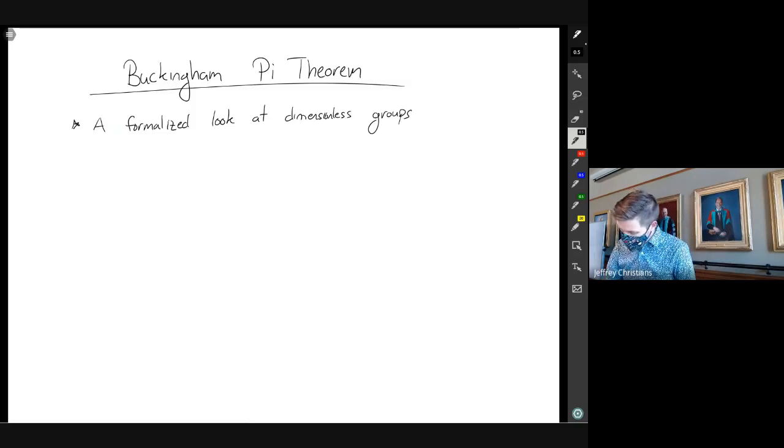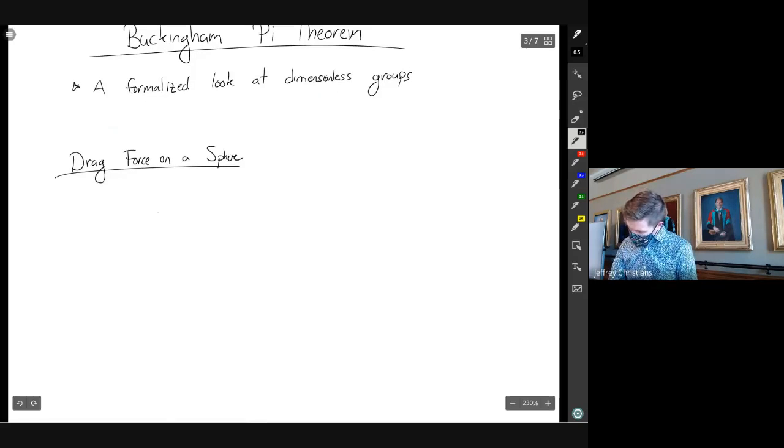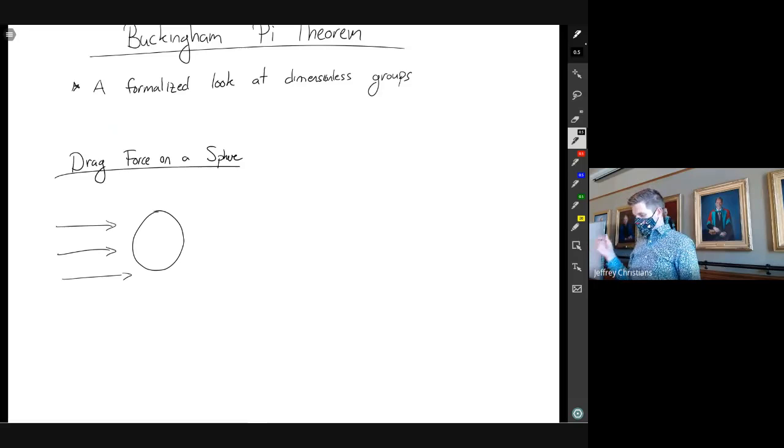So we'll do this by looking at an example where we have drag force on a sphere. We have a sphere and some fluid flowing against the sphere. We are interested in drag force, and we're trying to see what it depends on.